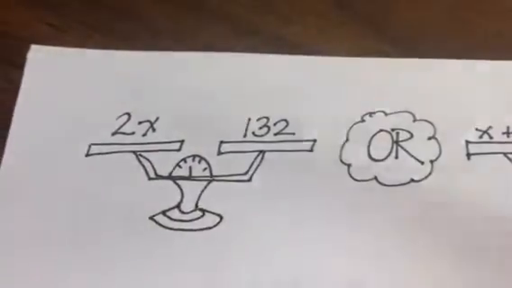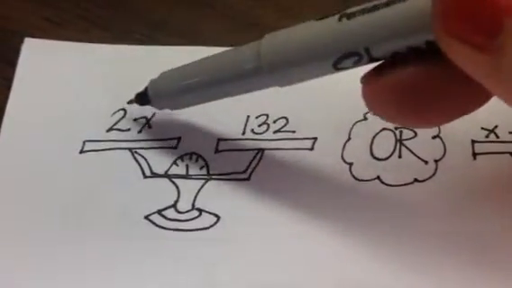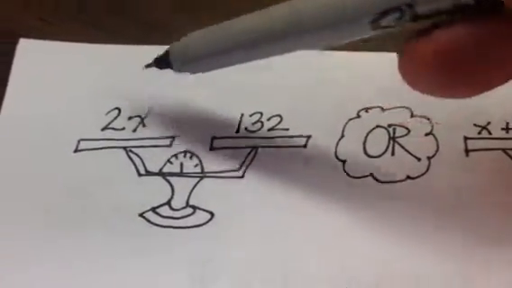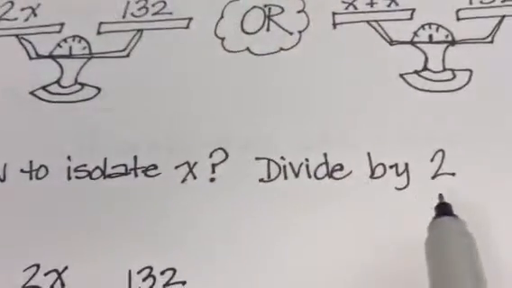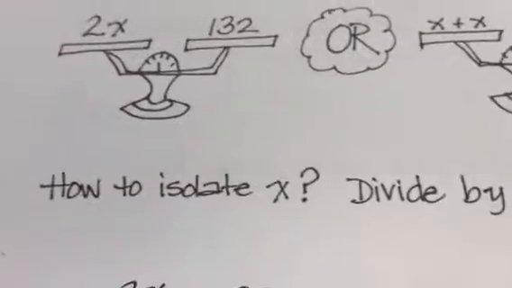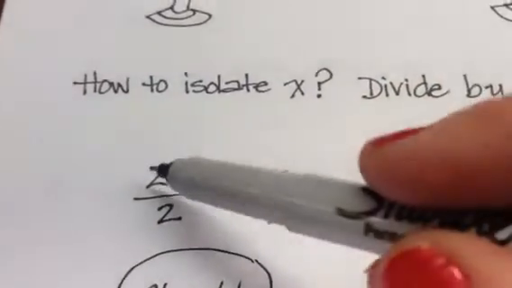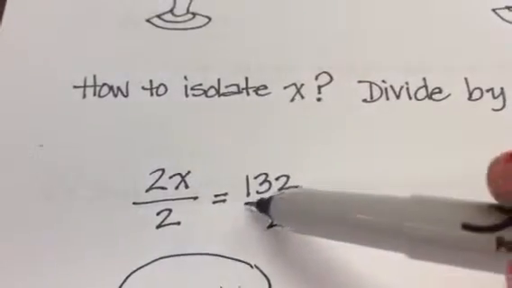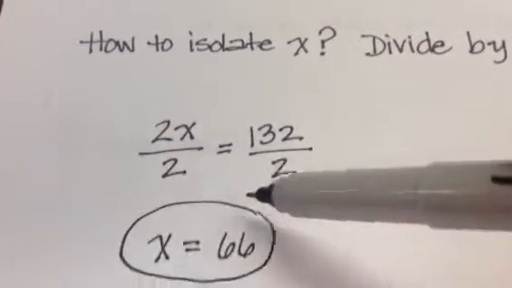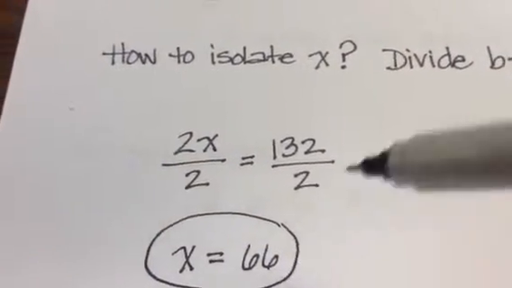And because this is multiplication, what's the opposite of multiplication? Division. So how am I going to isolate the x? I'm going to divide by 2. How do I show that in an equation? 2x divided by 2 equals 132 divided by 2. And that's going to equal 66.